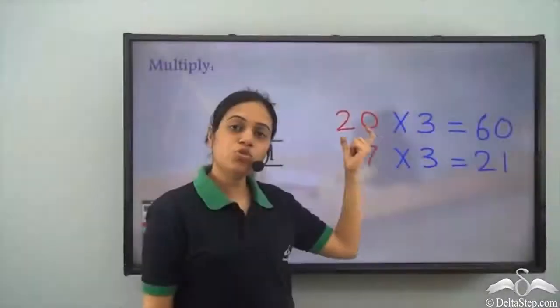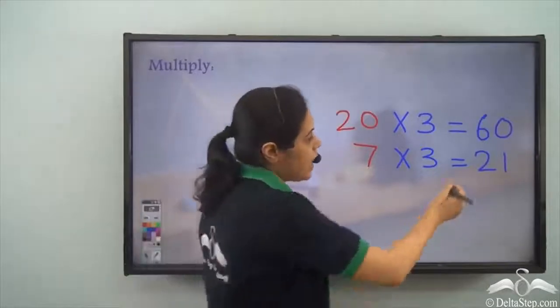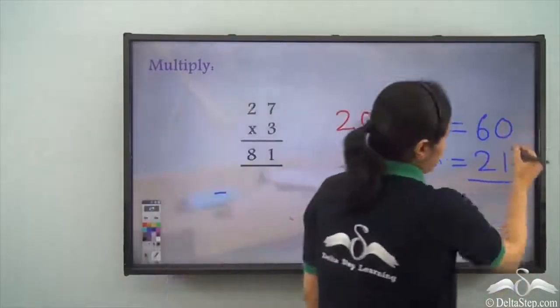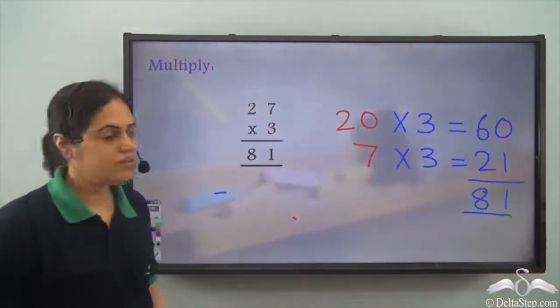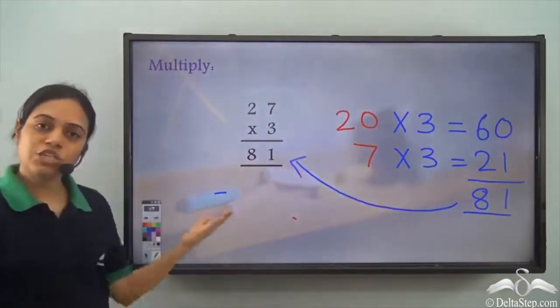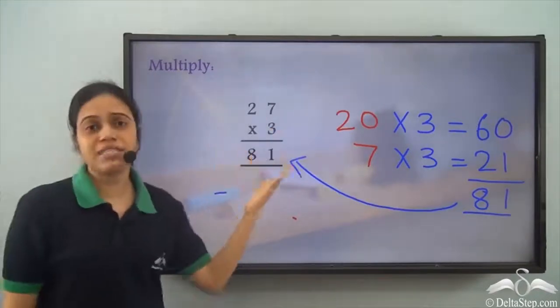This is same as 2 tens multiplied by 3 gives me 6 tens. And now I need to add these two. So I get 1 and 8 here. 81, which is what we have here. So these two are the same, and that is why we are multiplying it in this manner.